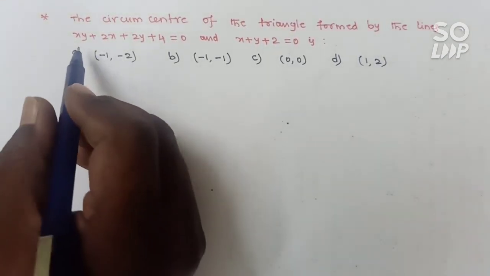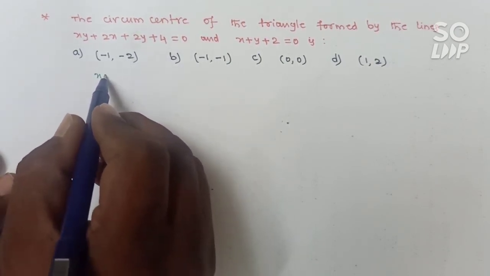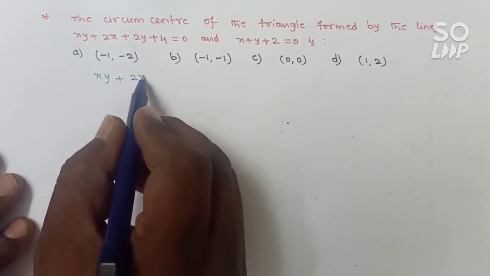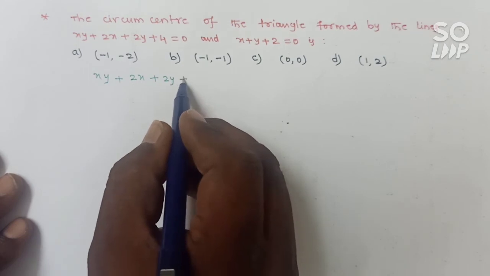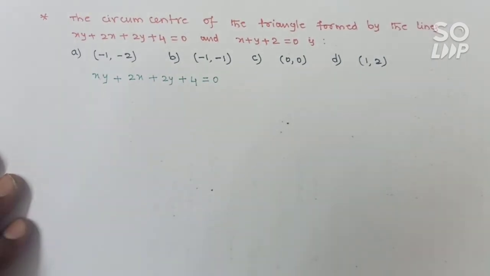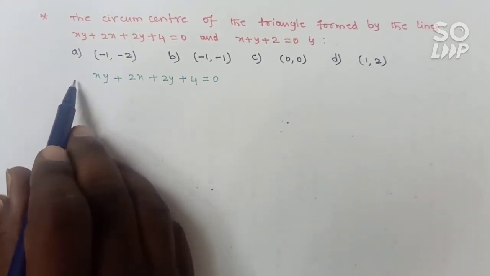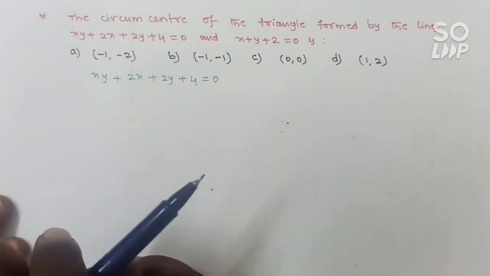First understand that the given equation xy plus 2x plus 2y plus 4 is equal to 0 is a non-homogeneous equation. Here x square and y square terms are not given.